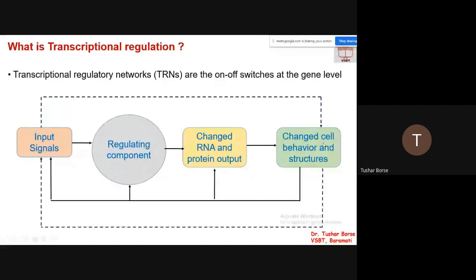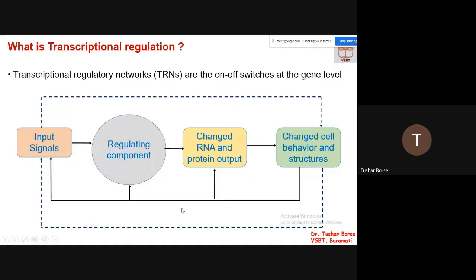The output is going to affect the input signal so that the input signal will be removed. If the glucose concentration is very high, those genes are highly expressed. But the moment the glucose concentration has lowered, the gene expression will be suppressed.